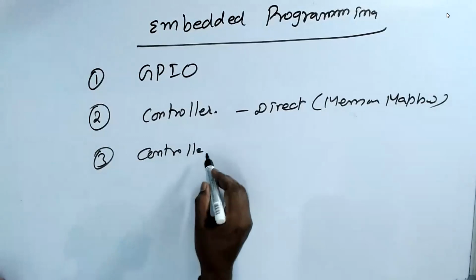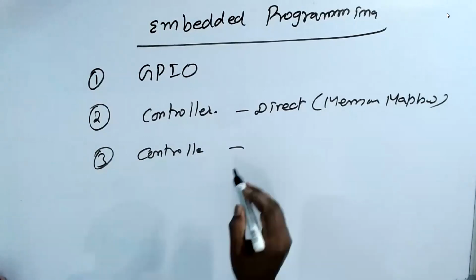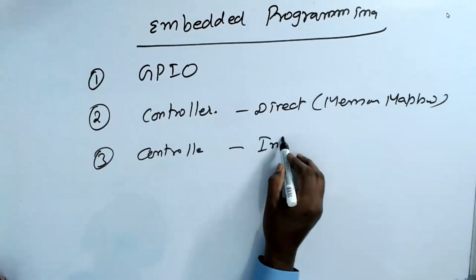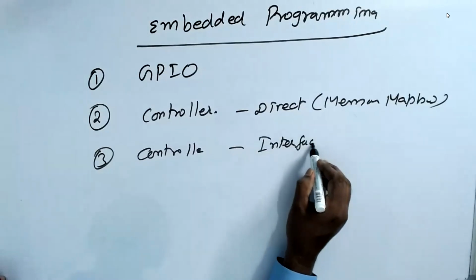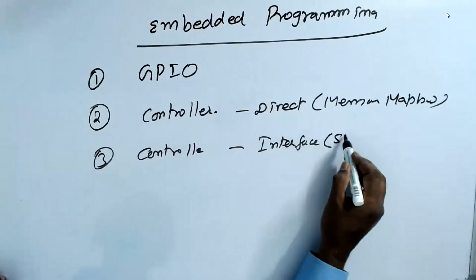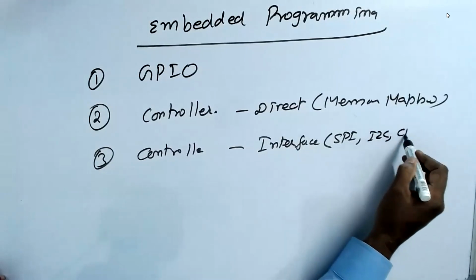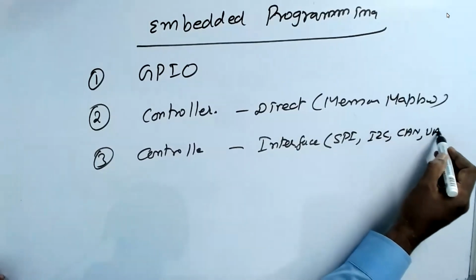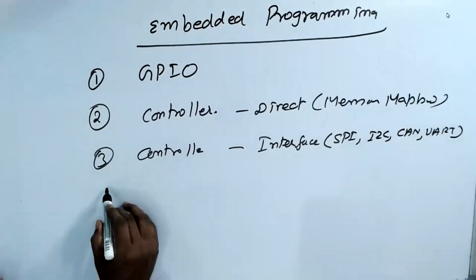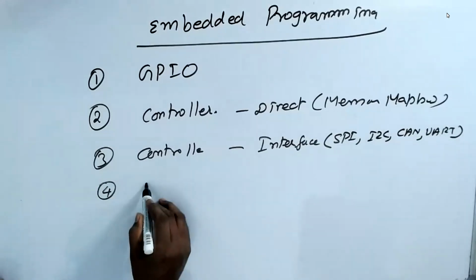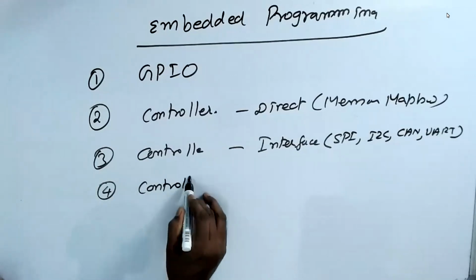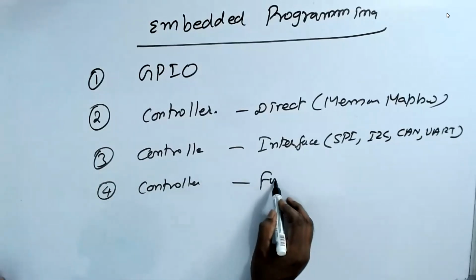The third is controller programming with interfaces, with SPI, I2C, everything. And the fourth phase is controller programming using functions.